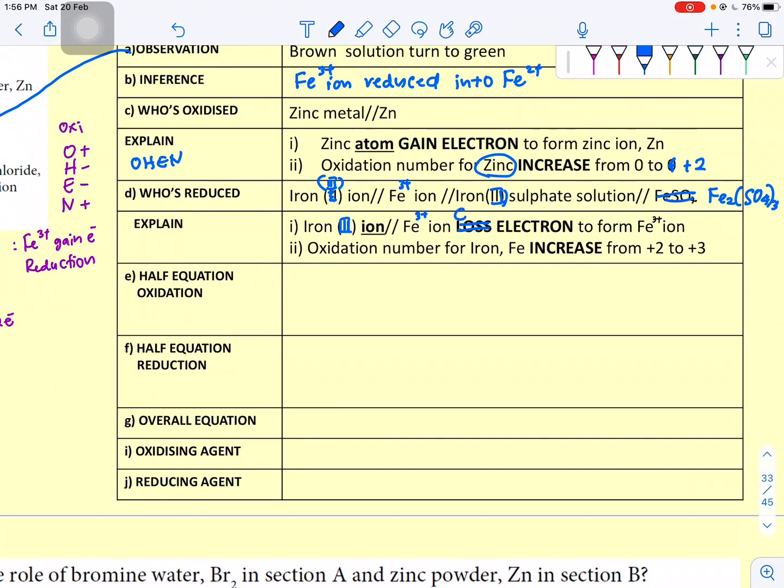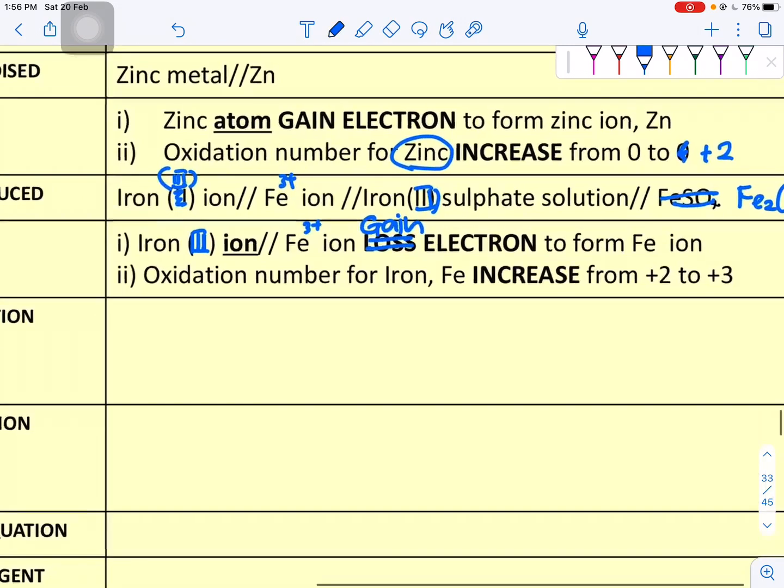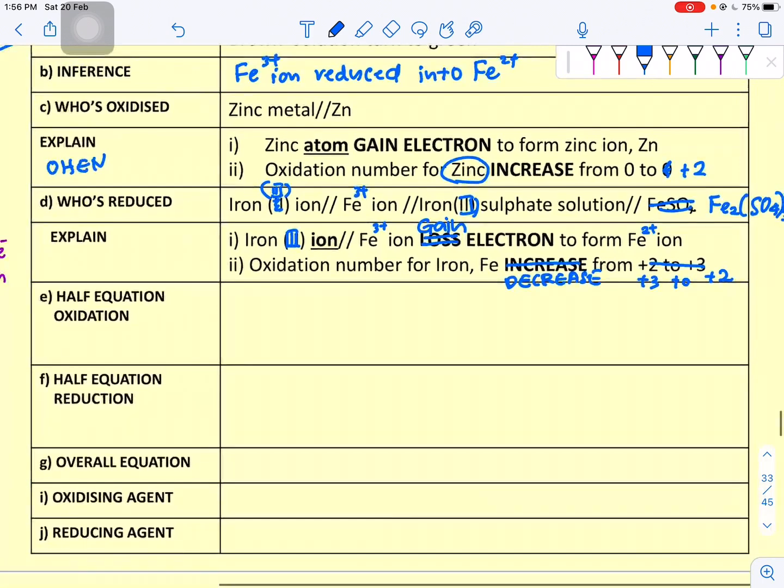Iron 3 ion gain electron to form iron 2 ion. Okay, sorry for the mistake. And then second reason, because oxidation number for iron decrease. Because we are talking about iron 3, decrease from positive 3 to positive 2.